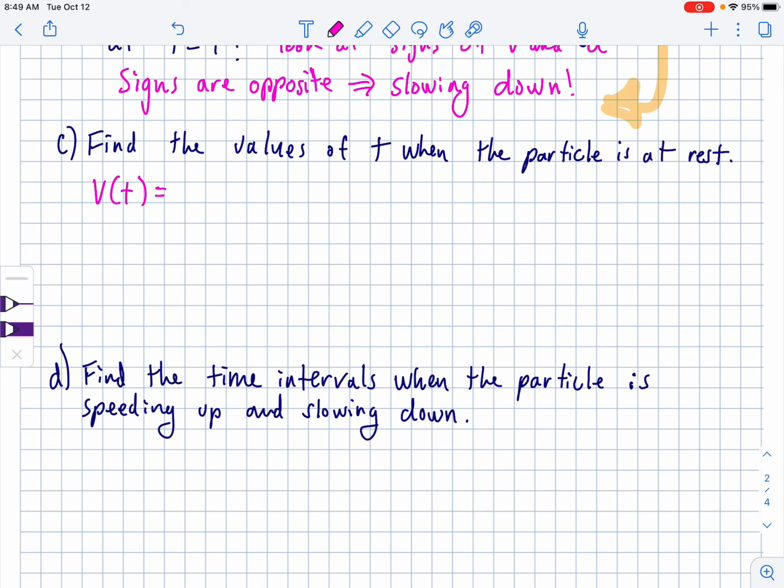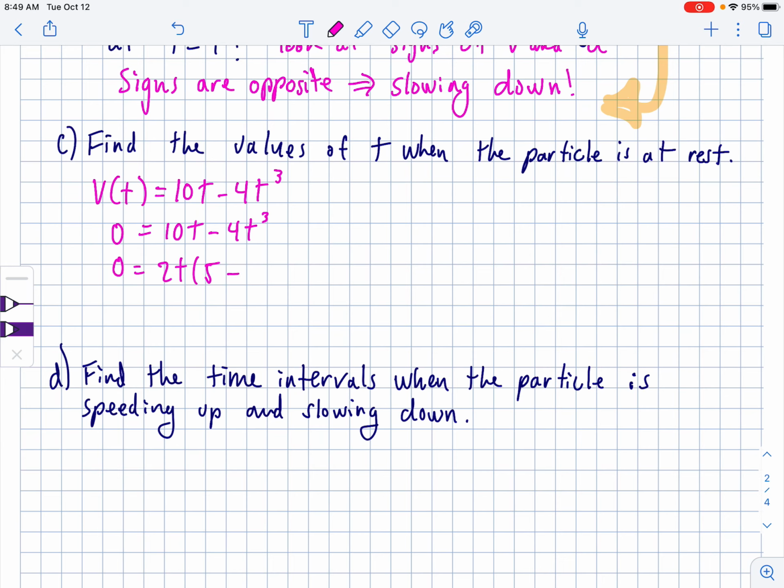That's when it slows down, turns around, and then goes back the other direction. So we need the velocity equation, which is the first derivative, 10t minus 4t cubed. We'll set that equal to 0 and try to solve, because that's when it's turning around. It's a turning point, just like on a graph.